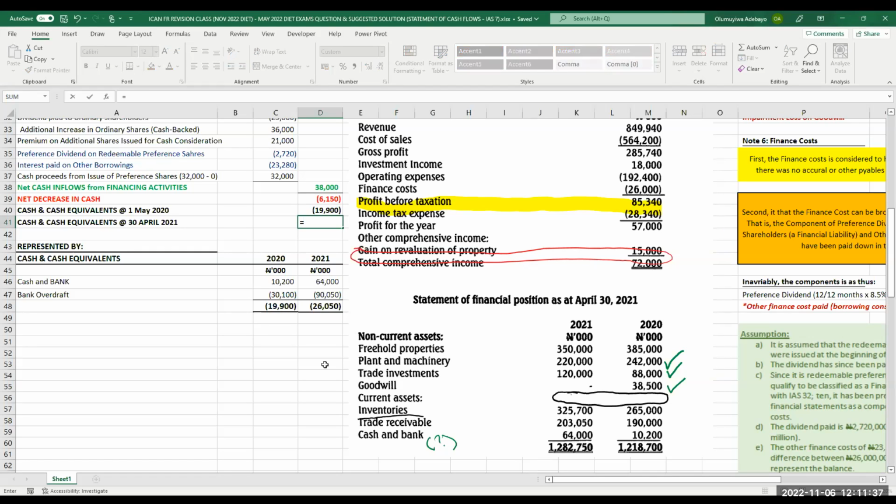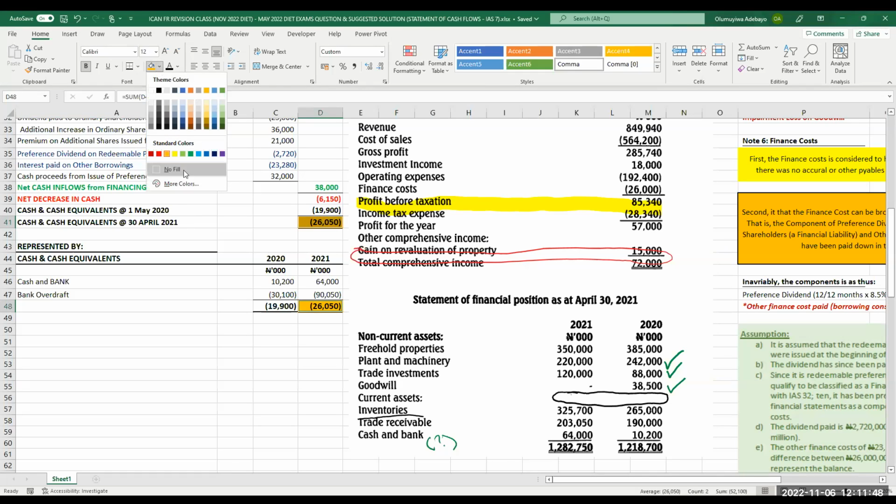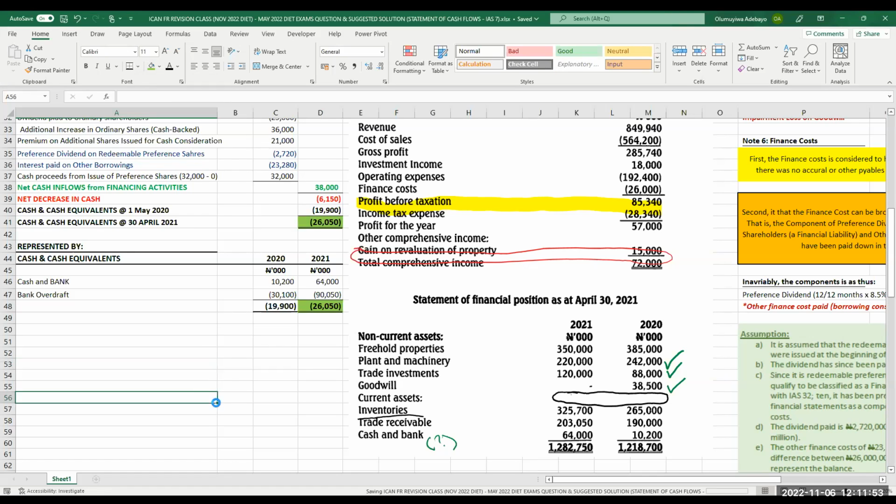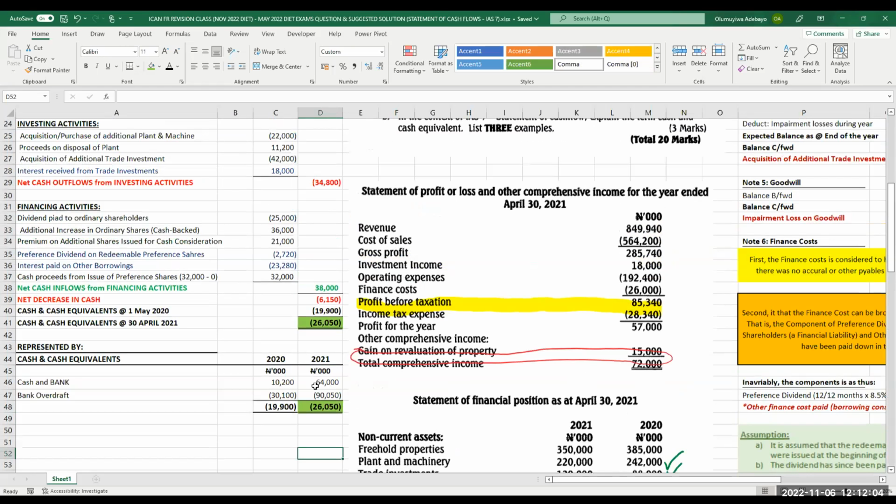Therefore, my net position, net overdraft, tallies with what we have here. Let me put green to show that we are home and dry. Which means we are able to show our net position. We are in a net position of overdraft. And that is our position in this case. Therefore, this is my solution.